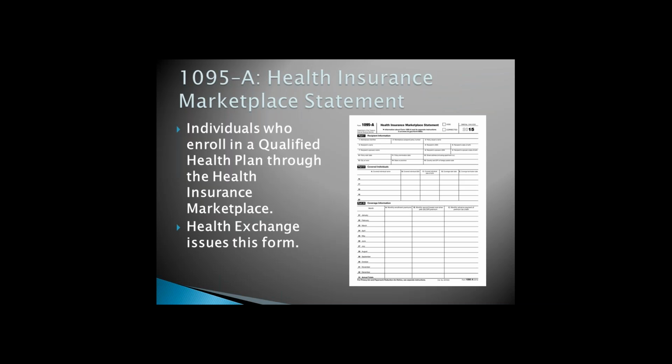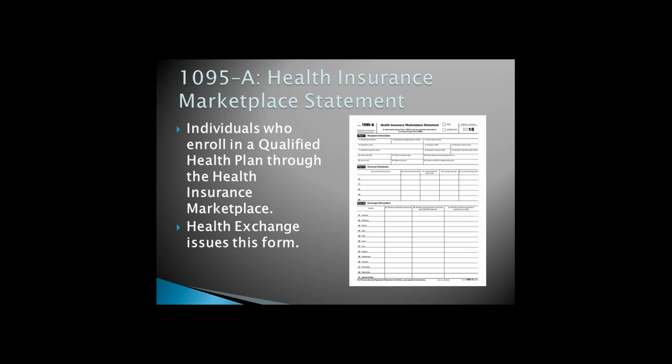The next form we're going to review is the 1095A, which is the Health Insurance Marketplace Statement. This form is for individuals who enroll in a qualified health plan through the health insurance marketplace. Typically, this form is sent to individuals who had marketplace coverage to allow them to claim premium tax credits, reconcile the credit on their returns with advanced premium tax credit payments, and file accurate tax returns in general.